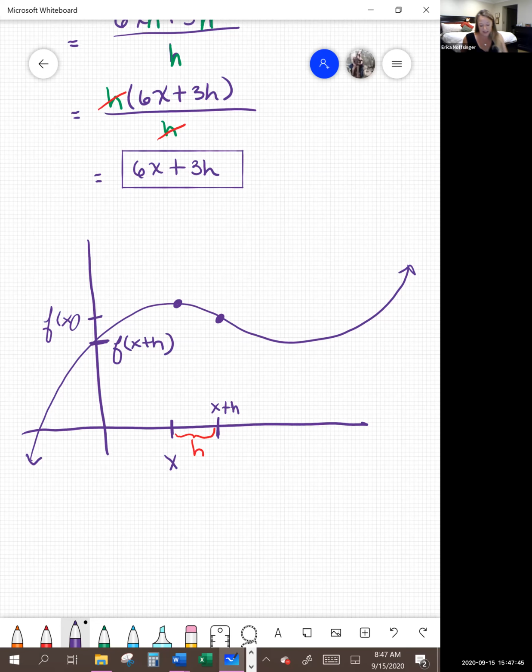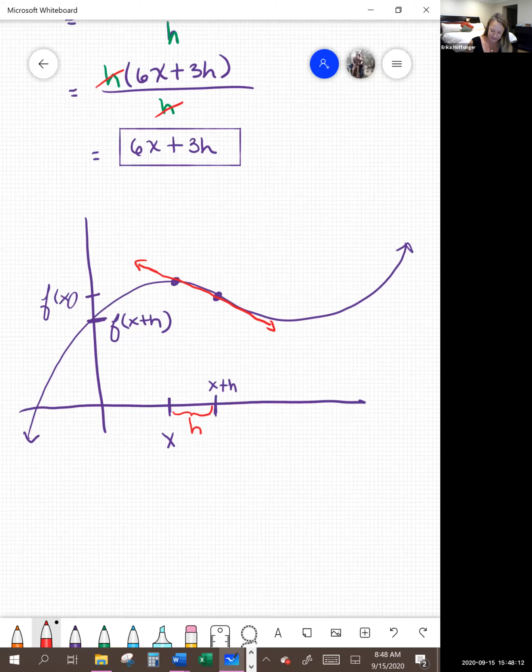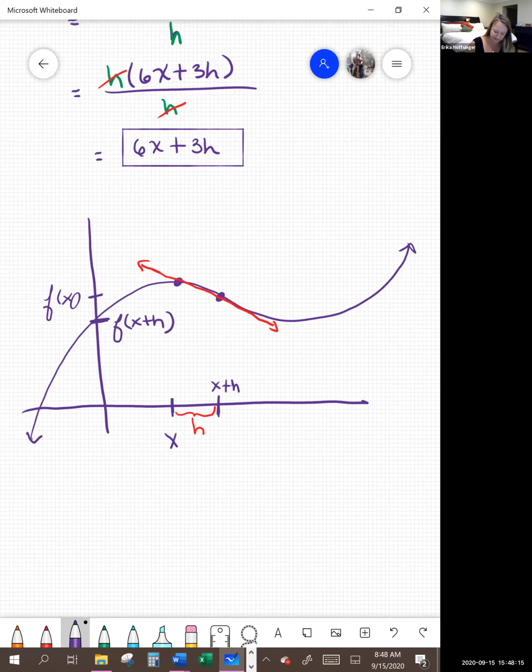We looked at finding the slope between 2 points on the line. If I join those 2 points, the slope is our average rate of change between the 2 points. So if I write this out, I have the point x, f of x, and the point x plus h, f of x plus h.